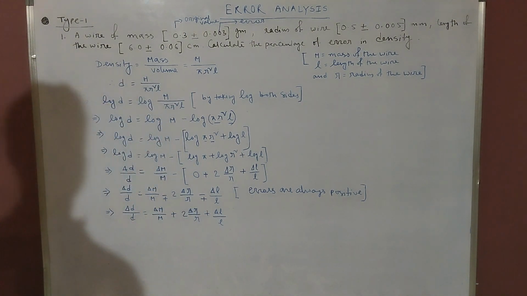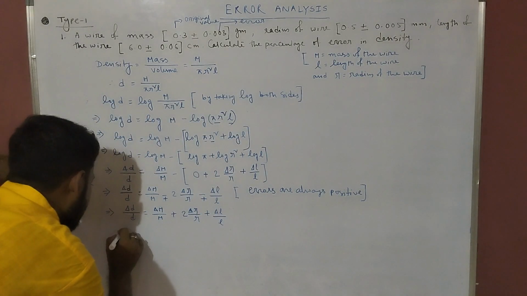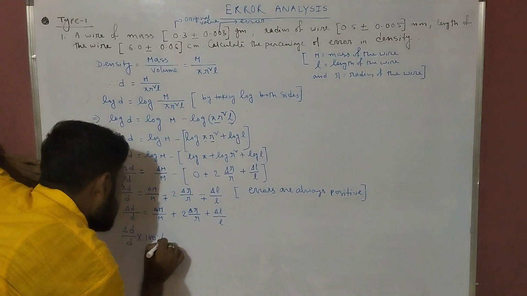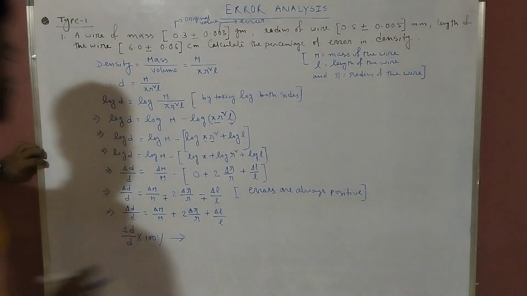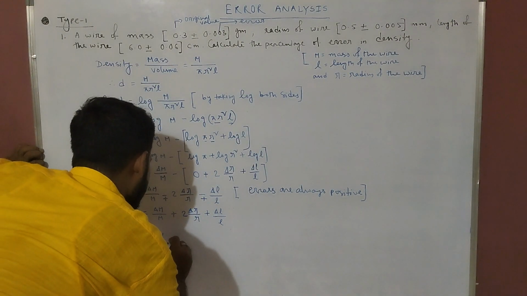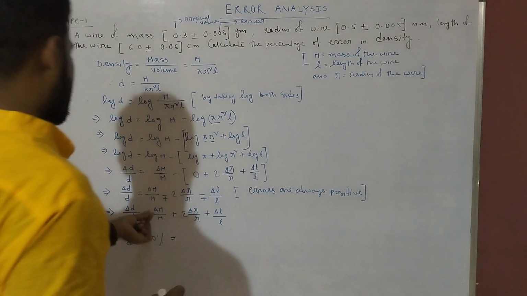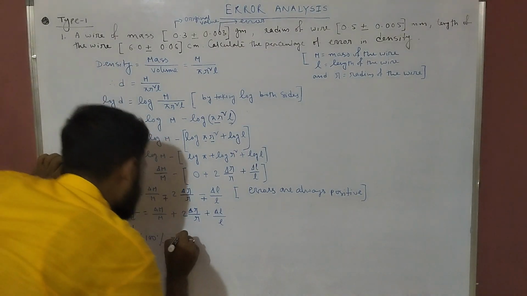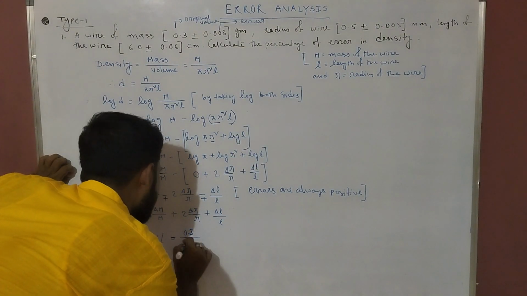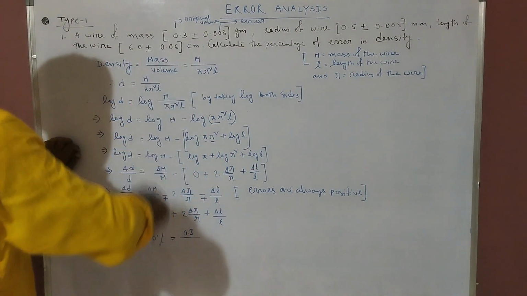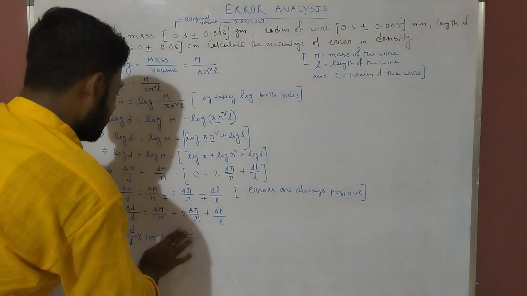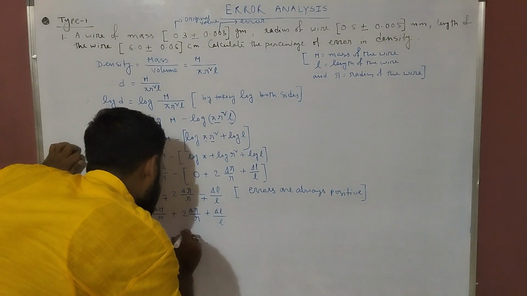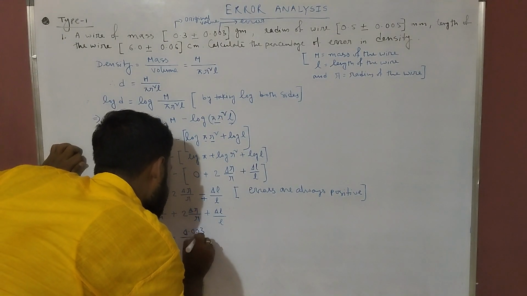So percentage of error, what? Del d by d into 100%. This is the percentage of error. So what will be the value of del m? Del m means error 0.003.